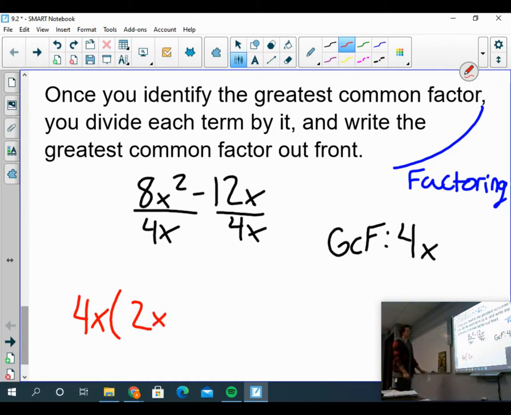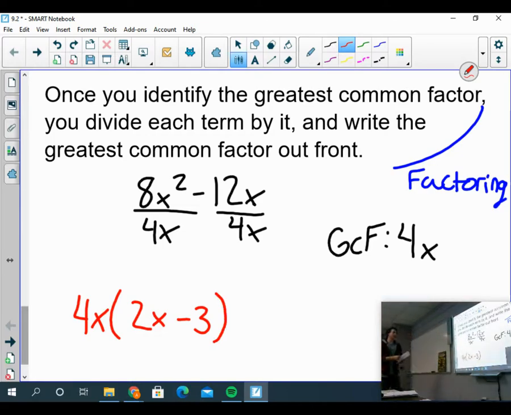Because 2 minus 1 is just 1. Negative 12 divided by 4 is 3. X divided by x, you would subtract the exponents. 1 minus 1 is 0. X to the 0 is 1. A shortcut you can recognize there: anytime you have a fraction with the same thing divided on the top and the bottom, it will cancel out. And so we're just left with 2x minus 3.